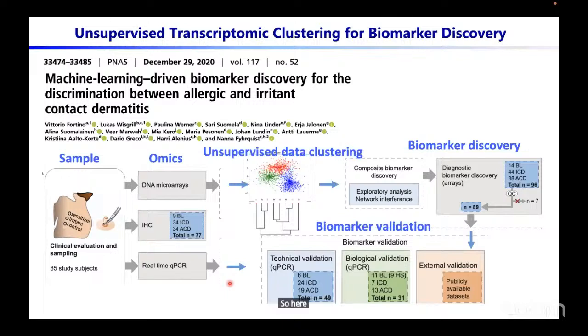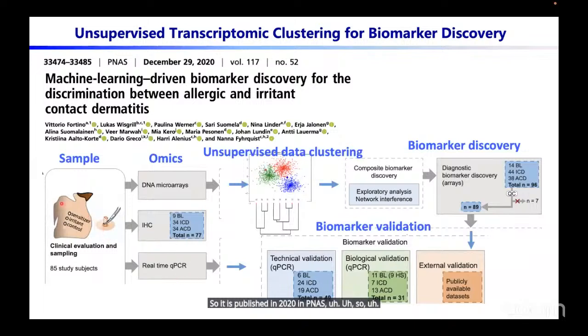Here is an example of how transcriptomic data was utilized for biomarker discovery for a certain kind of health problem listed here. It was published in 2020 in PNAS.